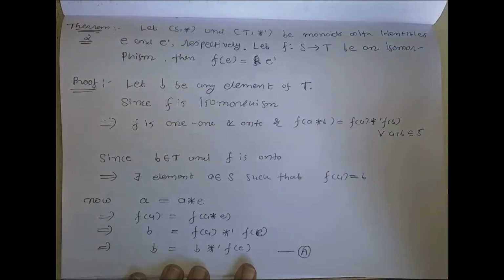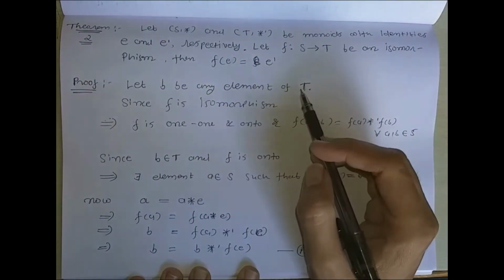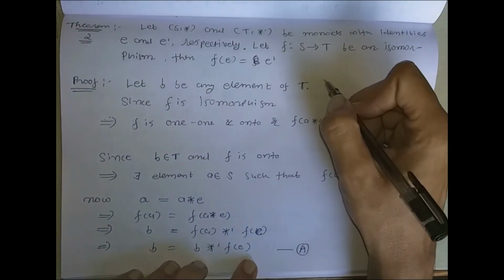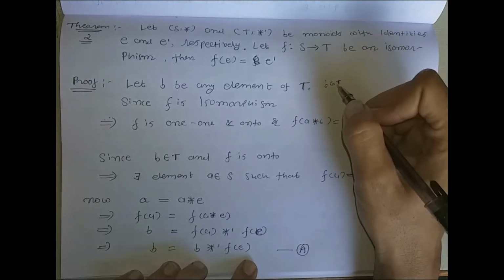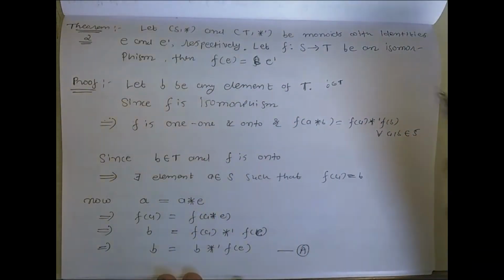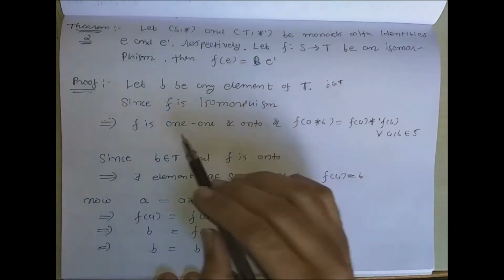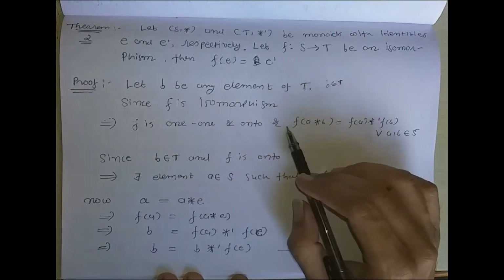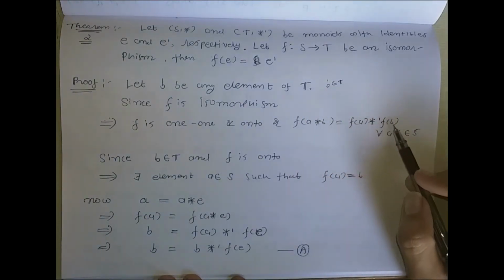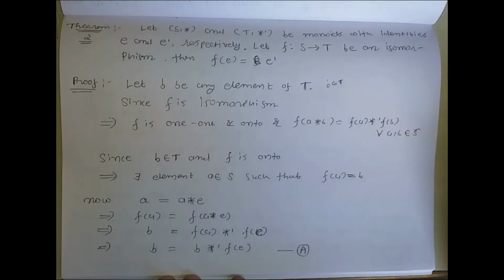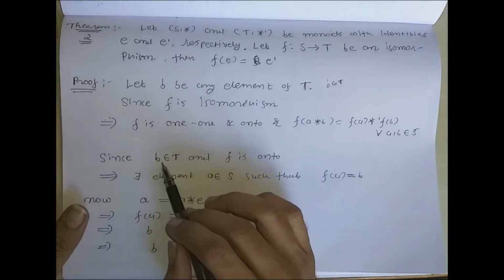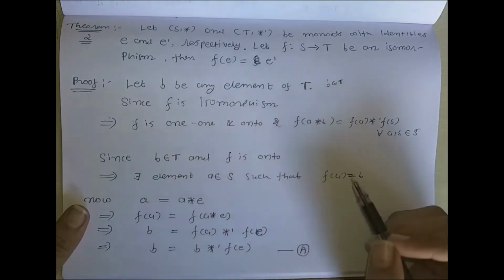So let us see. Let B be any element of T. We consider an arbitrary element B belonging to T. Since F is an isomorphism, F is one-one and onto, and F of A star B is equal to F of A star' F of B for all A, B belonging to S. Now B belongs to T and F is onto.